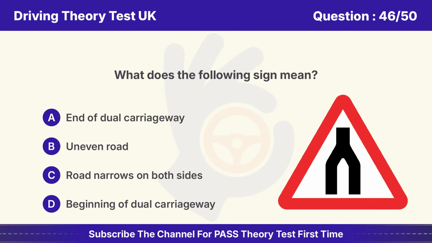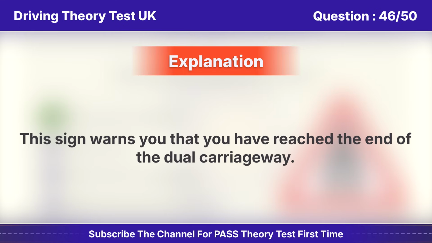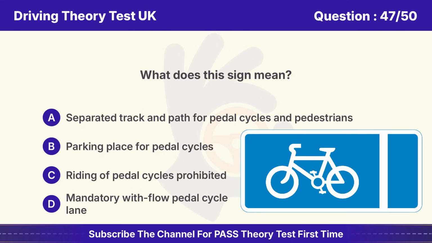Question 46. What does the following sign mean? Answer is A. End of dual carriageway. This sign warns you that you have reached the end of the dual carriageway. Question 47.